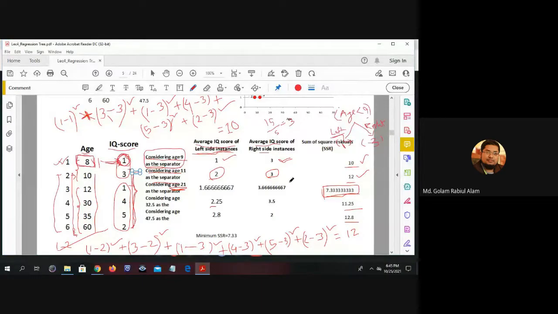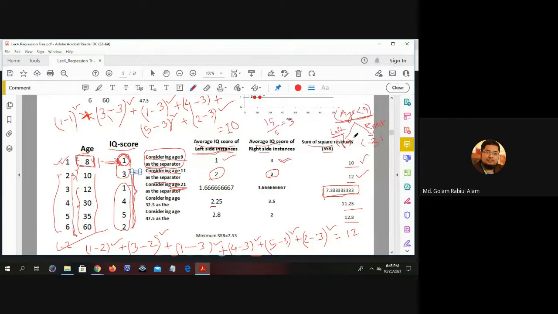Okay, and then what I have to do is determine the sum of square residuals. How can we determine the sum of square residuals? That means if we use this splitter, what will be the error?